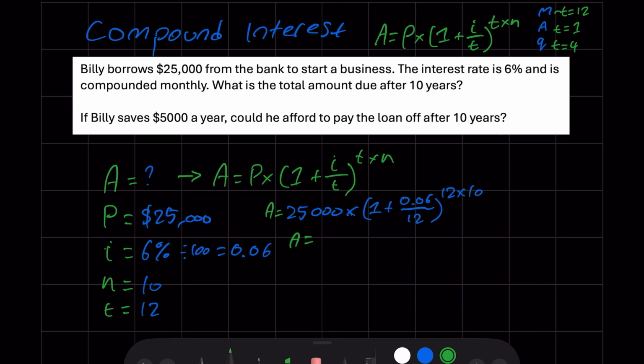Once again, you can either write that into your calculator or you can do 25,000 times 1 plus 0.06 divided by 12 to the power of 12 times 10. Both of them will give you the same answer.